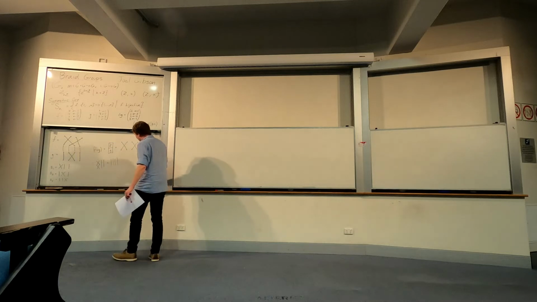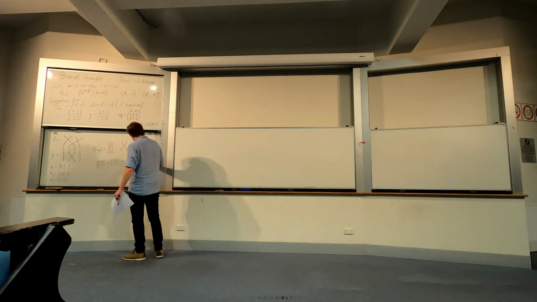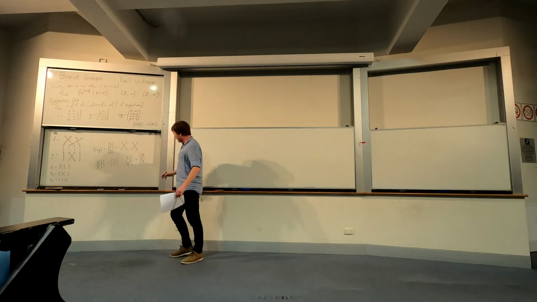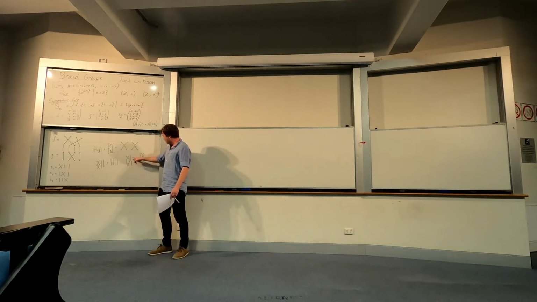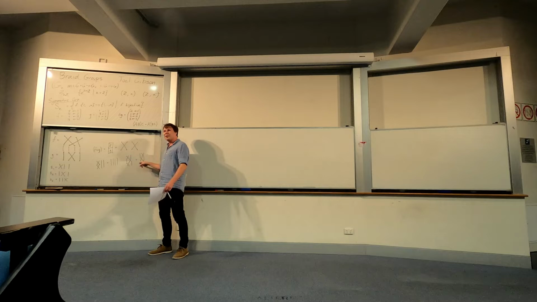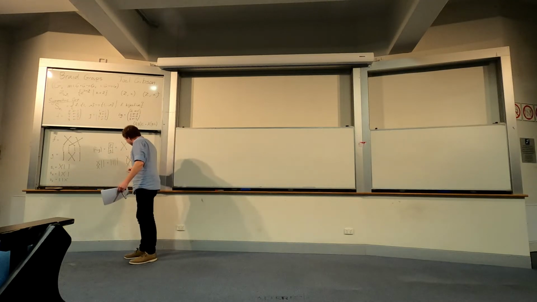And these satisfy something called the braid relation. So if I do this, then this should be the same as doing this. You can kind of see I've just moved this wire at the back to the other side. So this is called a braid relation.